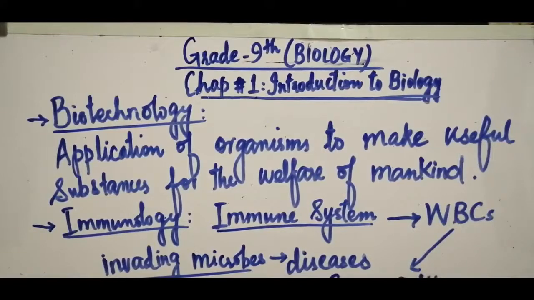If our body is defended against this virus, if the WBCs finally fight with this virus, the corona will be defeated. So this is the branch of biology called immunology.